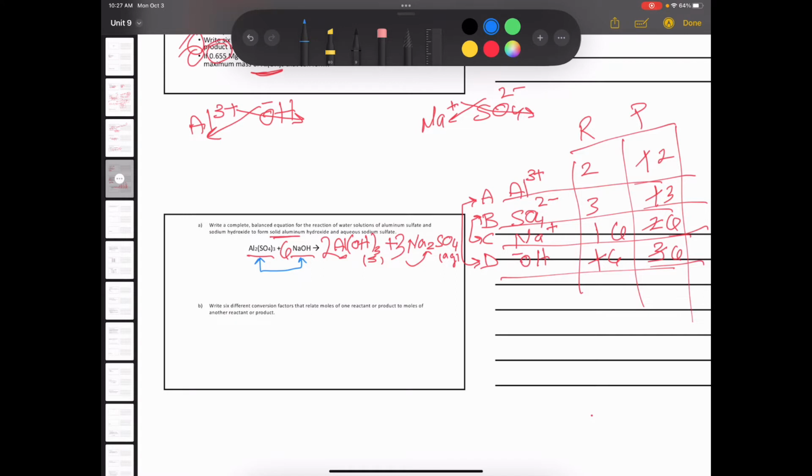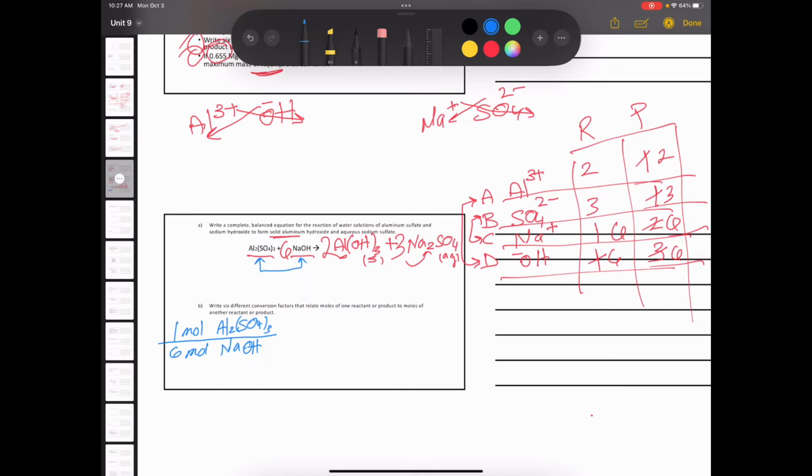And from this one, I can tell that for every 1 mole of Al2(SO4)3, I will need 6 moles of NaOH in order to complete the reaction, right?